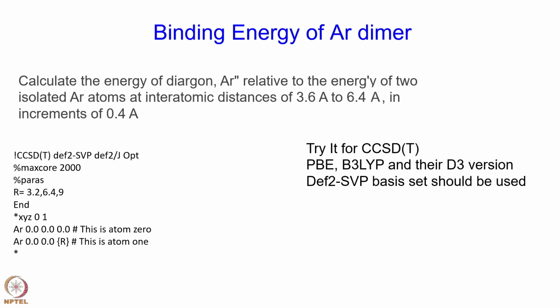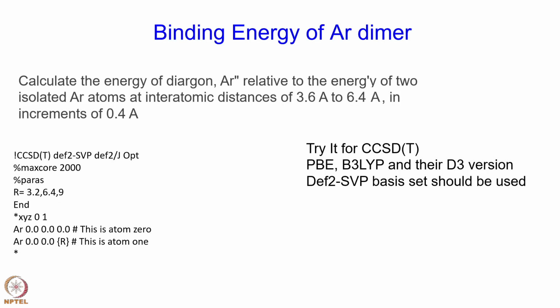To see how important dispersion is, let us calculate the energy of diargon. So, the energy of two argon atoms at interatomic distances from 3.2 to 6.4. When I calculate binding energy, it essentially means that I have to calculate it with respect to the two isolated atoms at infinite distance.